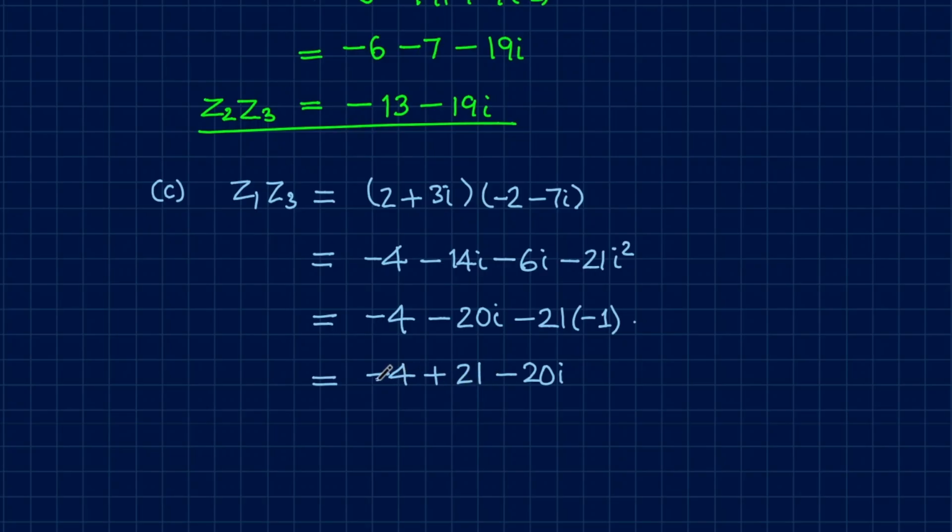Remember, we remove negative 4 away from 21, and we simply obtain 17 positive. So we have 17 minus 20i. So if we multiply those two complex numbers, Z1 and Z3, the result is what I've just gotten here.